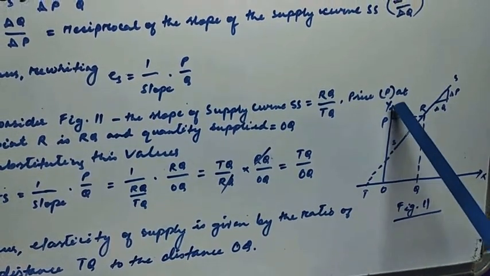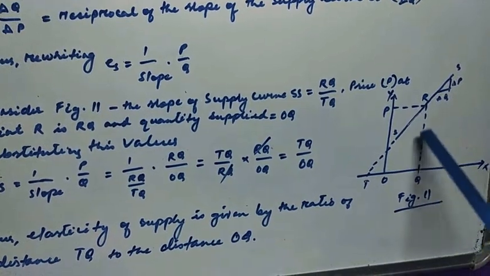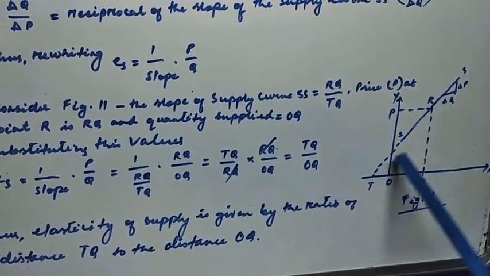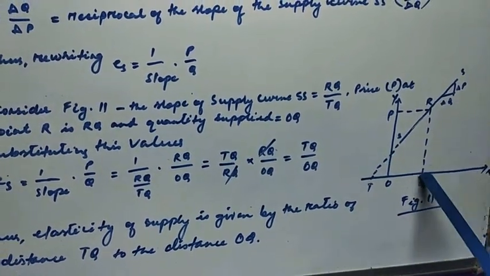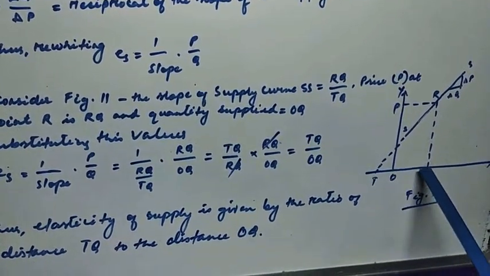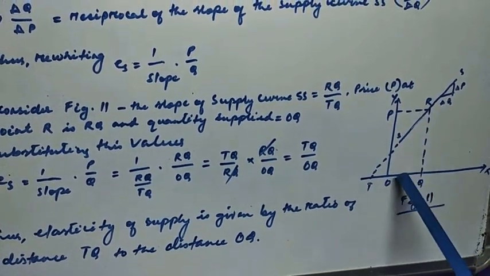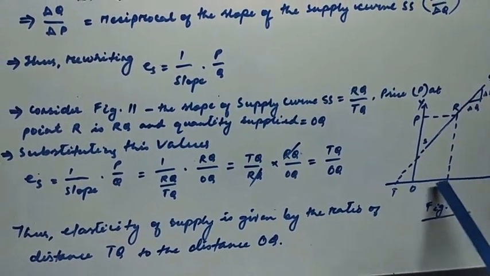So price is equal to RQ. See, OP and RQ are the same. And quantity supplied is OQ. So at price OP, or at price RQ, quantity supplied is OQ.